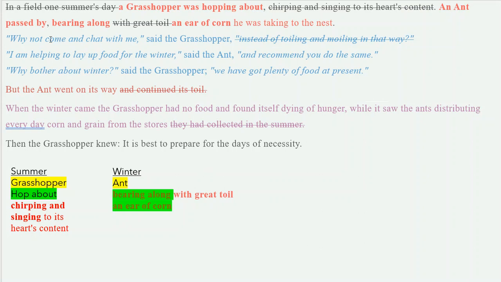Look at that. The grasshopper says, why not come and chat with me? Why didn't the grasshopper say, why not come and talk to me? It has a different meaning, doesn't it? So chat means what?